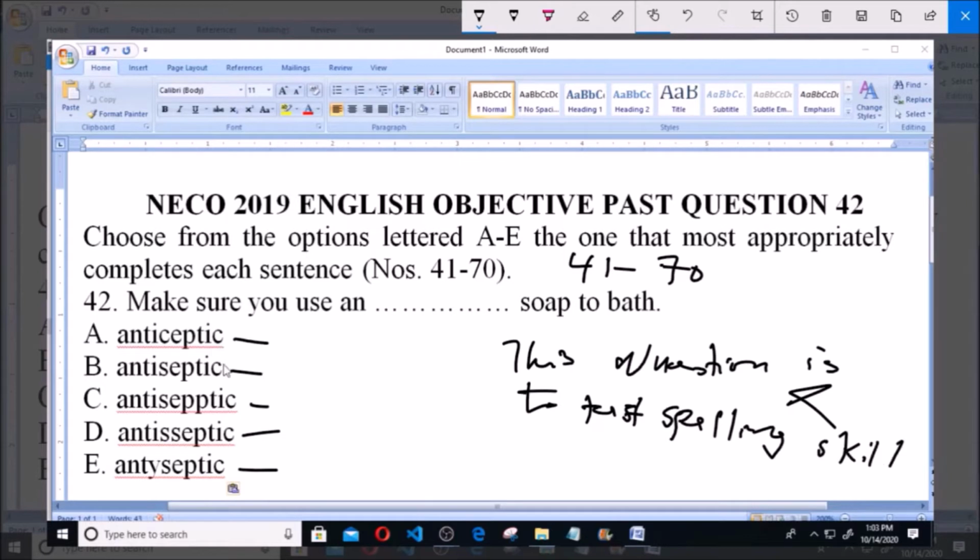In option A we have CE, option B we have SE, option C we have PP, option D we have SS, option E we have Y. The correct spelling of antiseptic is option B. So we can now say, make sure you use an antiseptic soap to beat. So option B is correct.